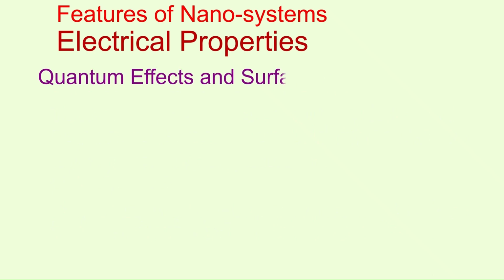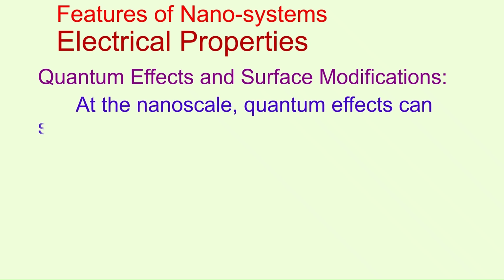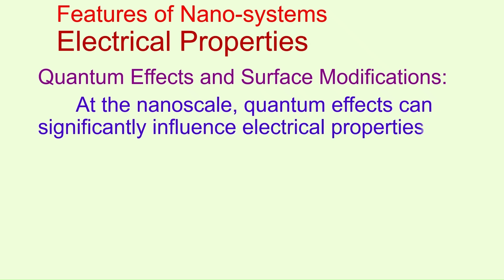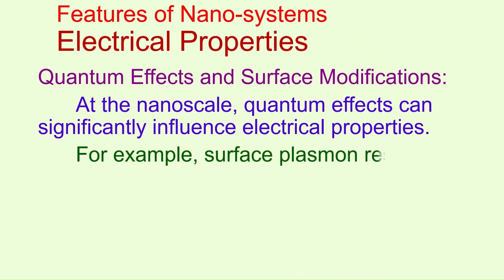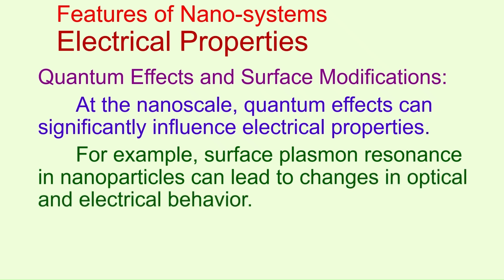Quantum effects and surface modifications. At the nanoscale, quantum effects can significantly influence electrical properties. For example, surface plasmon resonance in nanoparticles can lead to changes in optical and electrical behavior.